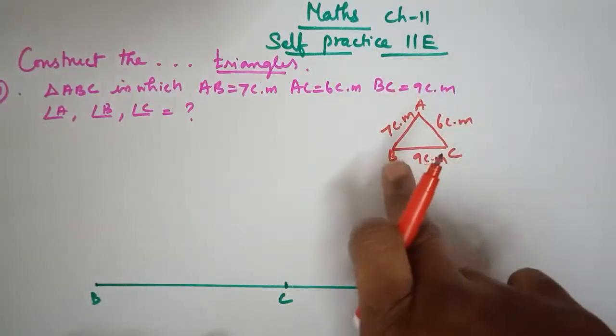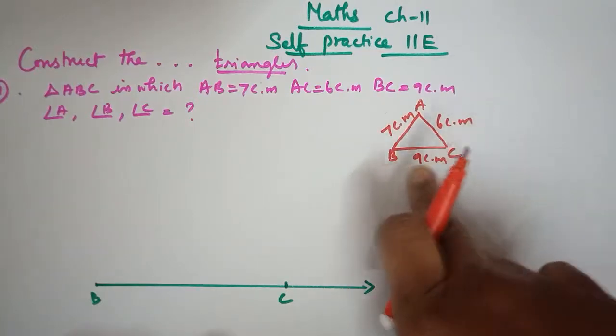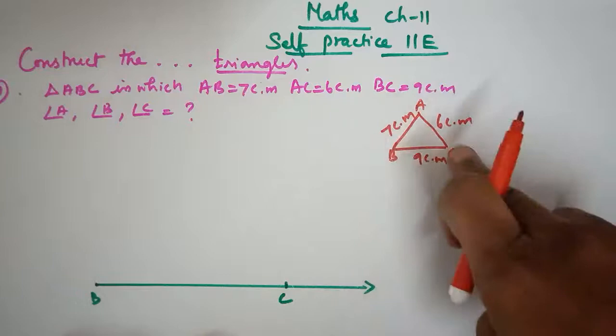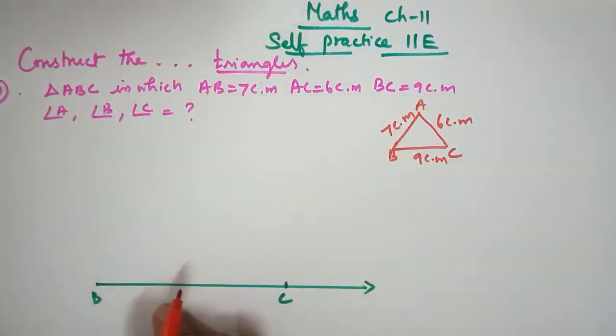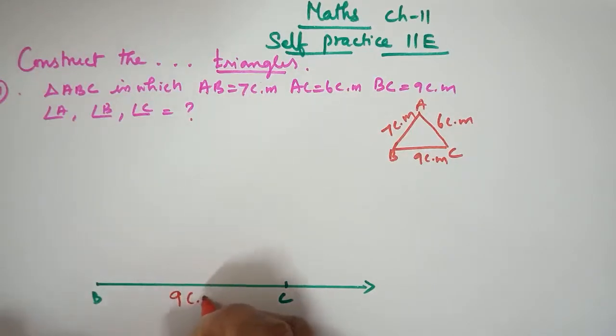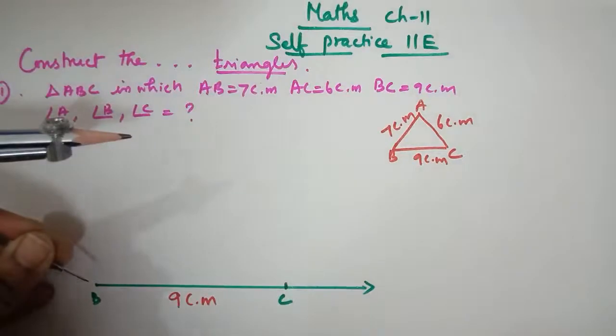Okay, so here I have taken BC as the base. So BC is 9 cm, then this is 7 cm, this is 6 cm. Okay, so here for BC, using the ruler you have to take 9 cm. Okay, here I have taken 9 cm. Is it clear? And students listen.